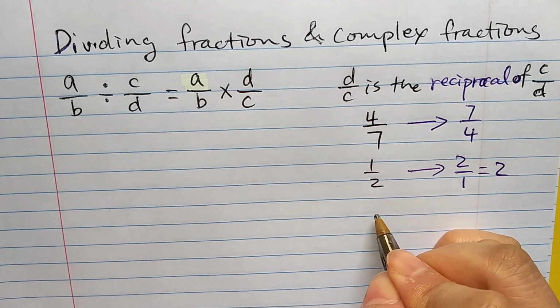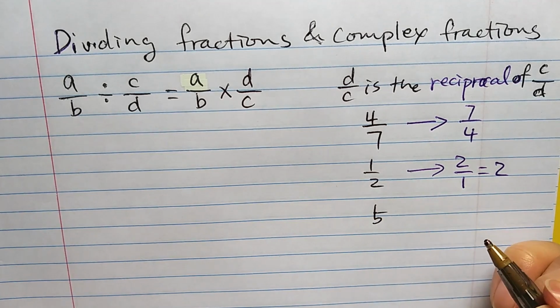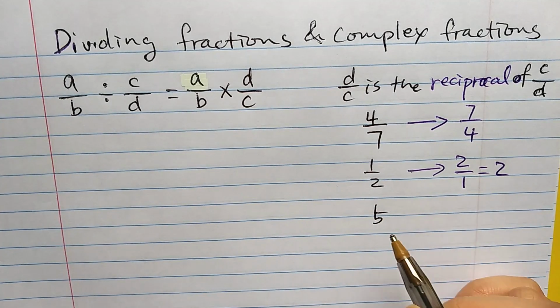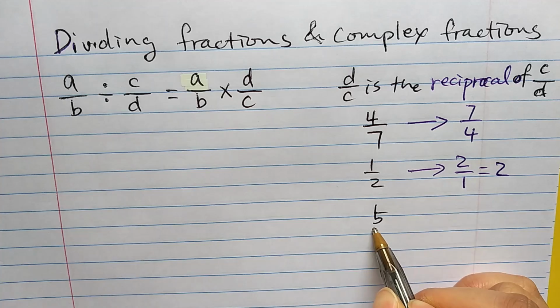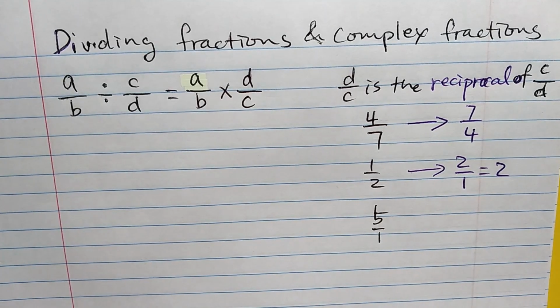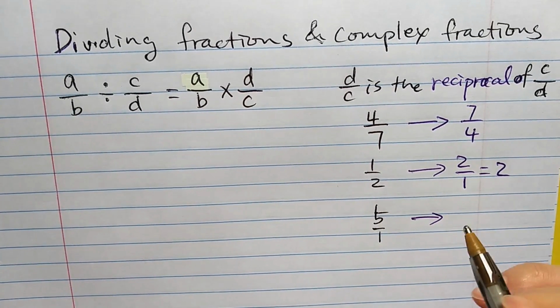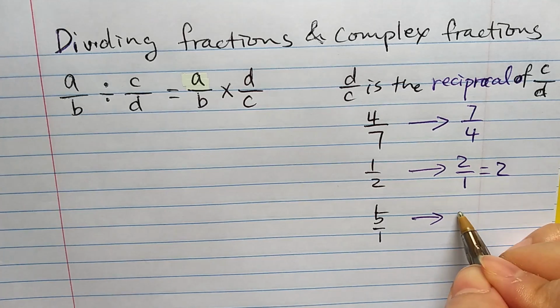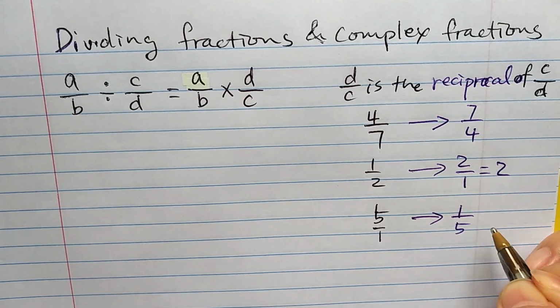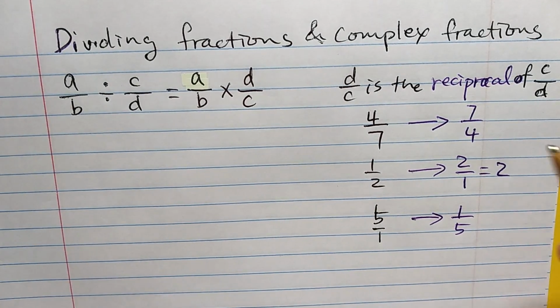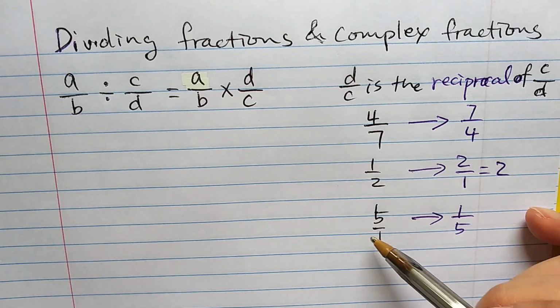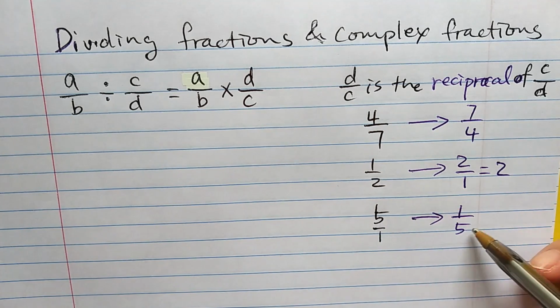How about the reciprocal of 5? What is 5 if you convert that to a fraction? That's 5 over 1. And if you flip that 5 over 1, it'll be 1 over 5. So those are the reciprocals of these numbers.